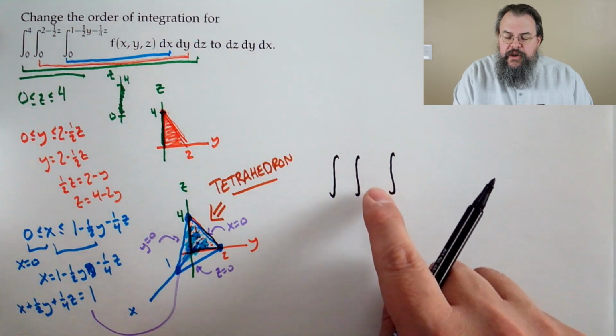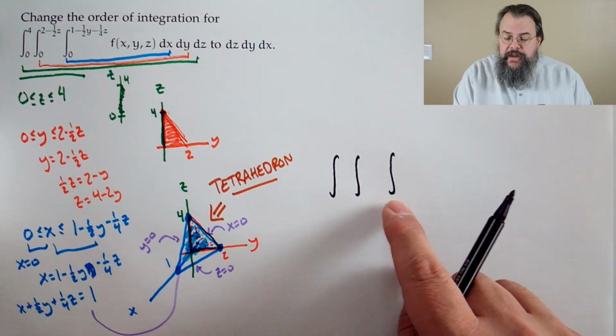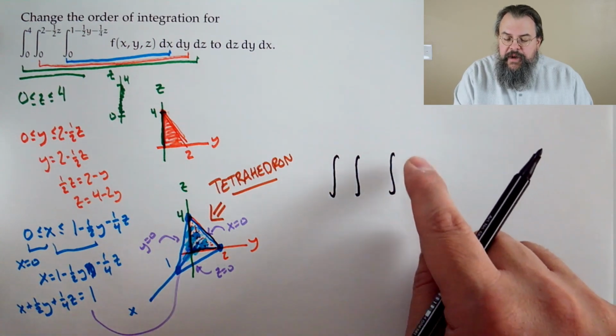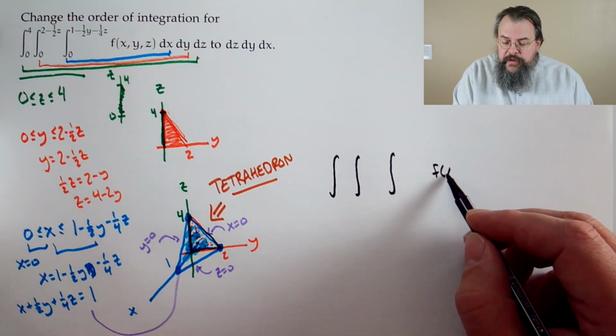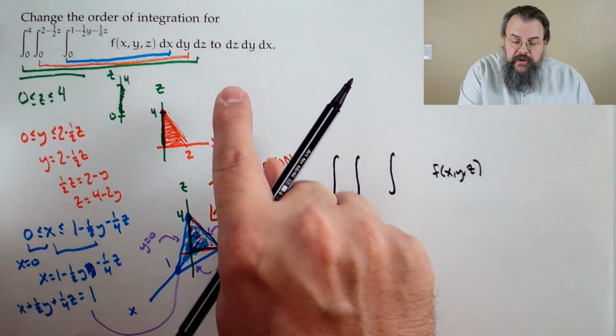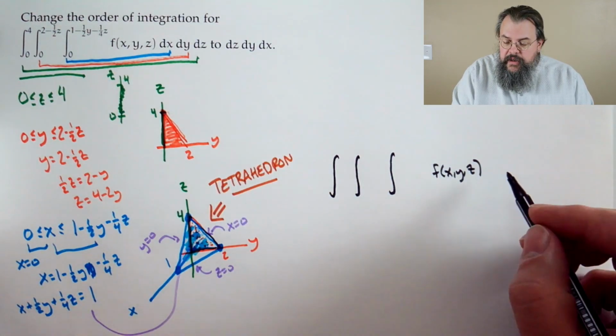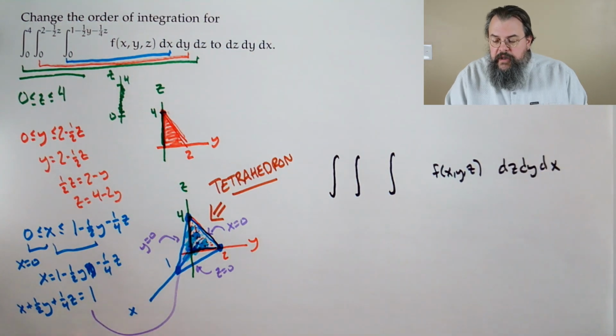From the second to the third, my bounds are curves. That can be a little bit longer to write. And here, the bounds are surfaces, which could be even longer. So you want to give yourself enough space. Well, that or just be ready to rewrite. So dz, dy, dx, and now we're ready to start.